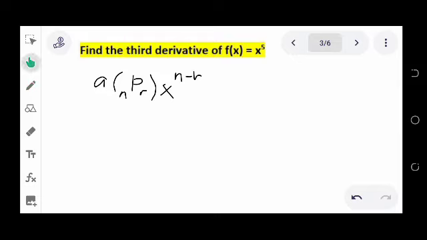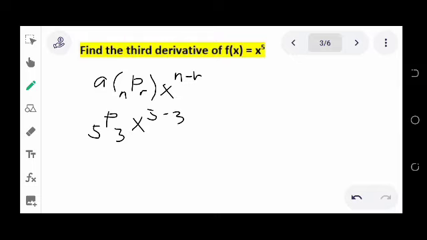Our a is constant, so that's 1, so we don't need to write 1. So let's just have the permutation. n is the exponent, so that's 5, and then r is the derivative that we're looking for. We're looking for the third derivative, so our r is 3, x, and then 5 minus 3.